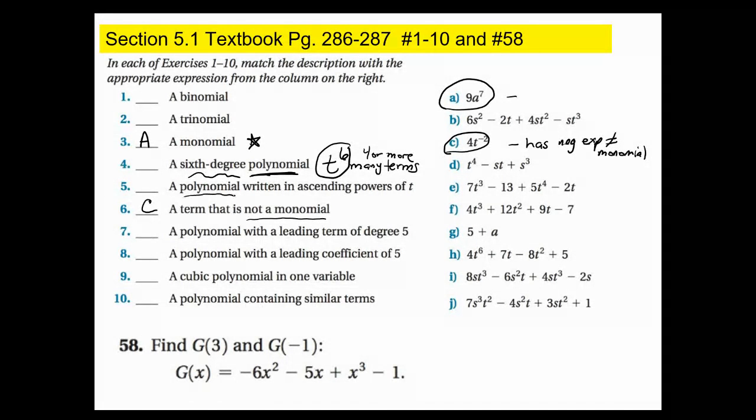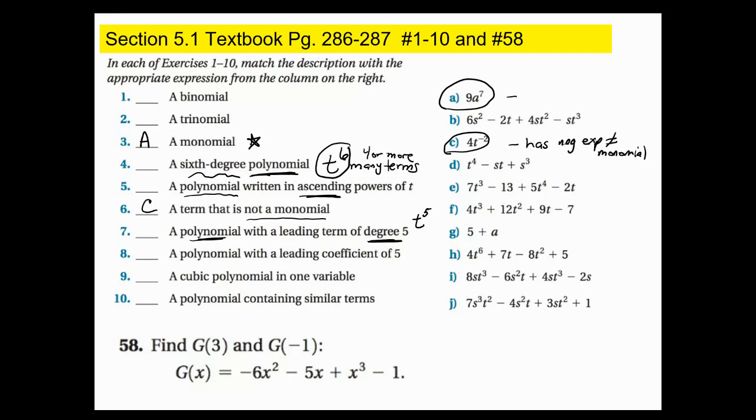A polynomial, many terms, written in ascending order. A polynomial, many terms, with a lead of degree 5, so something with T or X to the 5th.